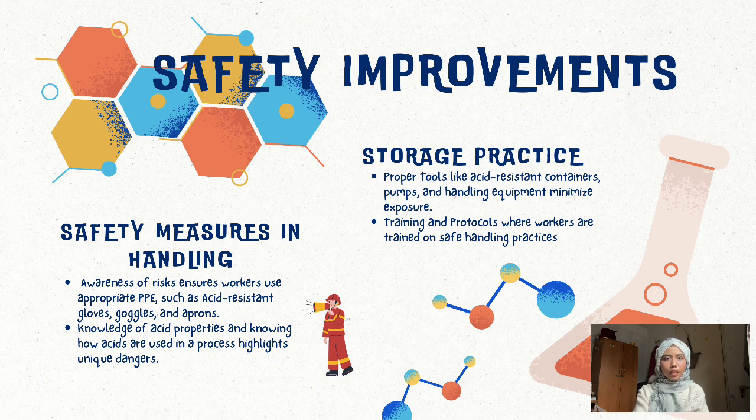Understanding the properties of acid and knowing how acids are used in a process highlights unique dangers that can reduce risk on the job. For storage practice, proper tools like acid-resistant containers, pumps, and handling equipment minimize exposure. Additionally, training and protocols ensure workers are well informed about safe handling practice.